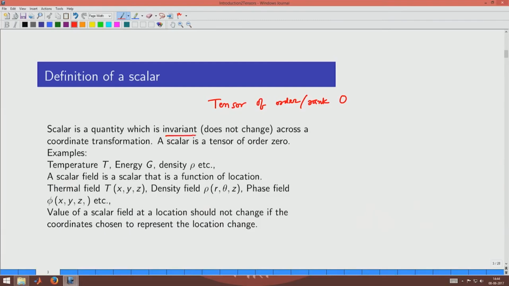A scalar is a quantity which is invariant across a coordinate transformation, which means that you do not need any directions to represent that particular quantity. There are 0 directions involved in measuring that quantity, and therefore, it is a tensor of order 0. Examples are temperature, energy, density and so on.